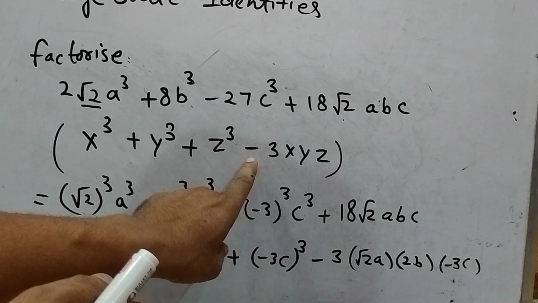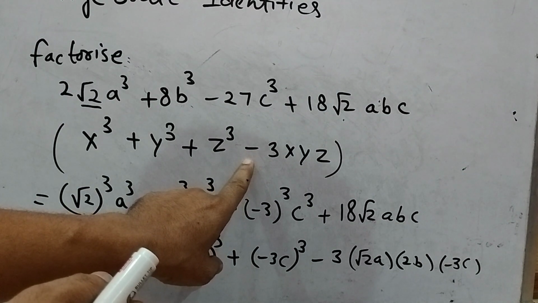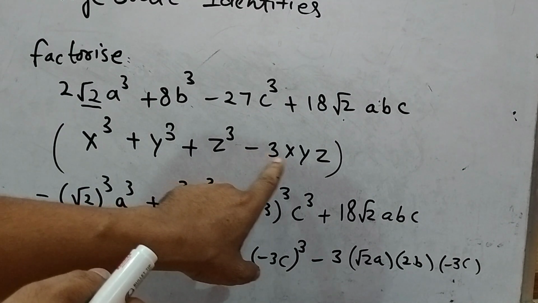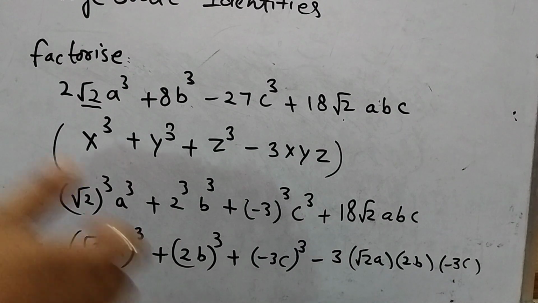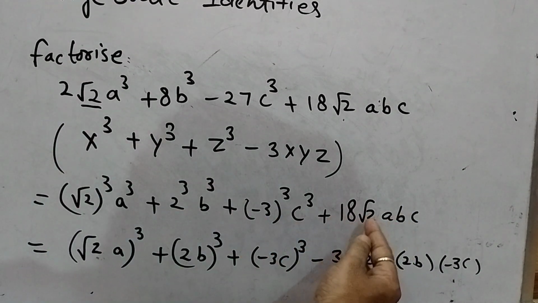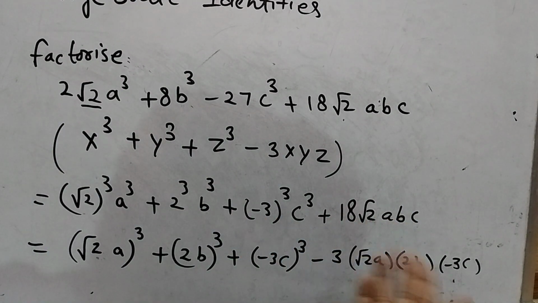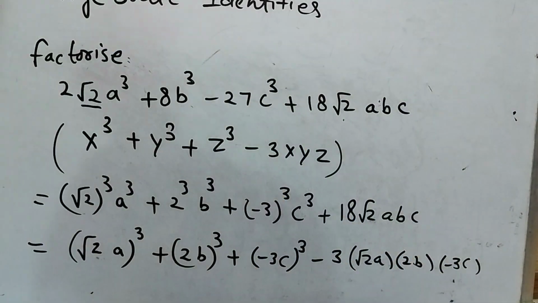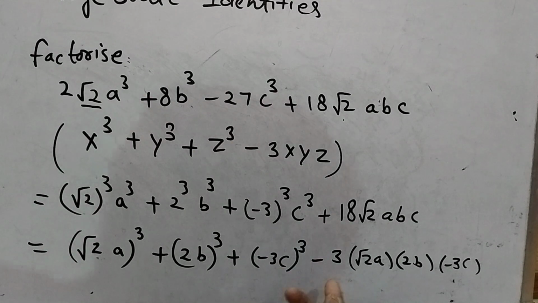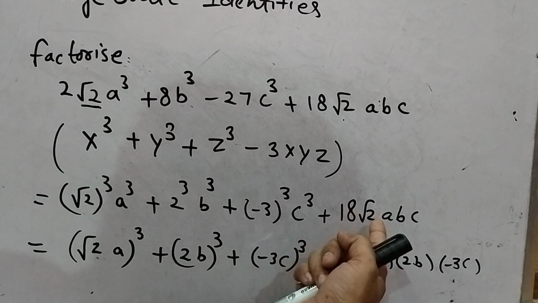So now what do we want? We want minus 3xyz. So we have converted this 18 root 2 abc in the form of 3xyz. Now we are going to check whether it is 18 root 2 abc or not.